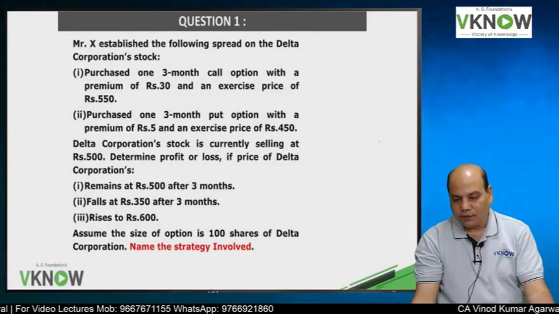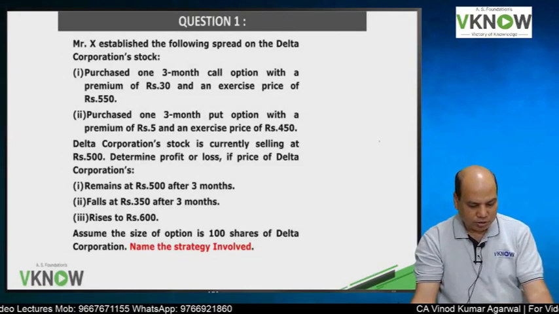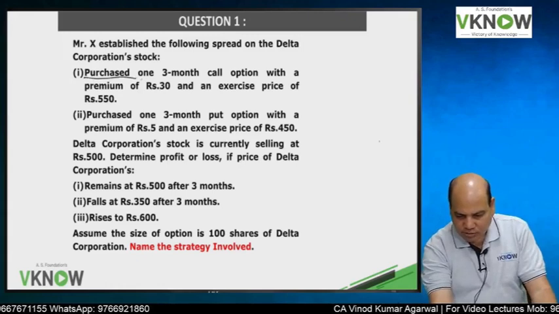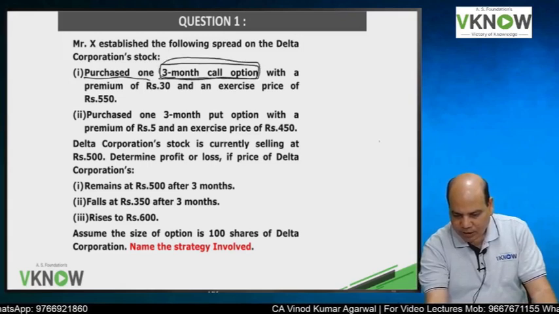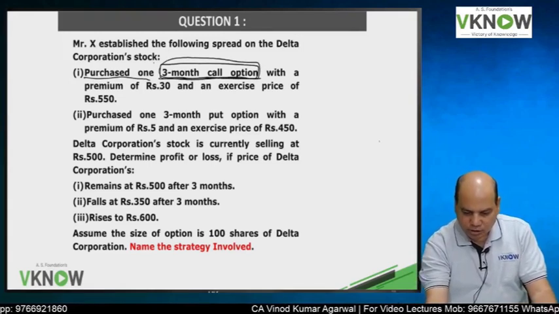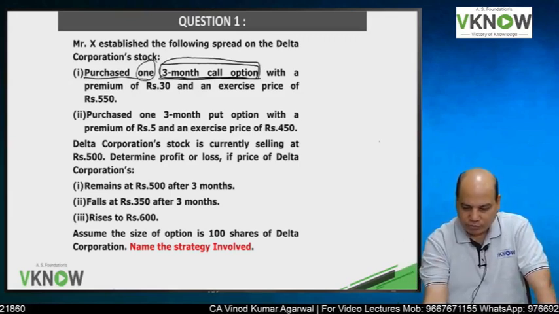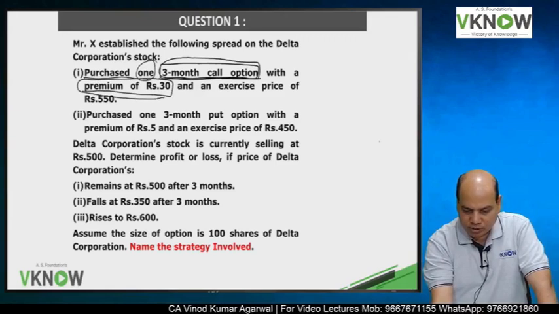Mr. X established the following spread on the Delta Corporation stock. What is the name of company? Delta Corporation. First he has purchased one 3-month call option. 3-month call option means expiry is after 3 months and the quantity is one only. Here one contract. And what is the premium he paid? 30 rupees.